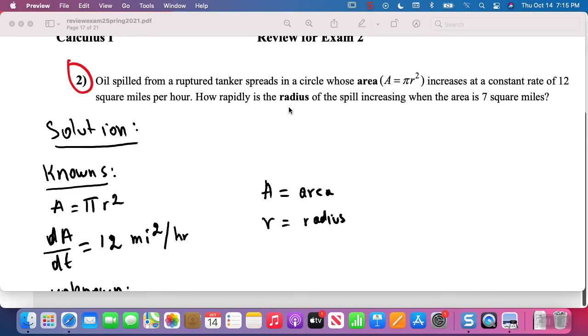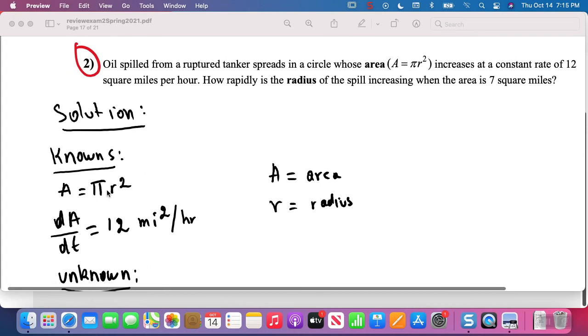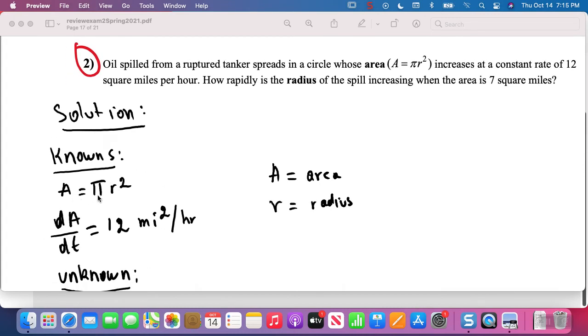How rapidly is the radius of the spill increasing when the area is 7 square miles? Again, what they give us first is the connector, the equation that connects the area and the radius: A equals pi r squared.